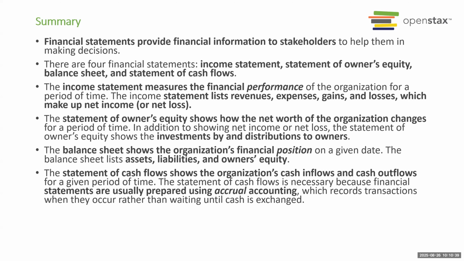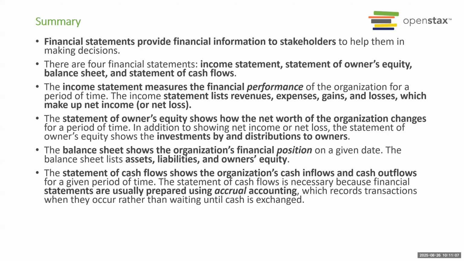The income statement lists revenues and expenses and gains and losses, which make up net income or net loss. The statement of owner's equity shows how the net worth of the organization changes, net worth being assets minus liabilities, over a period of time. It shows the investments by and distributions to the owners.